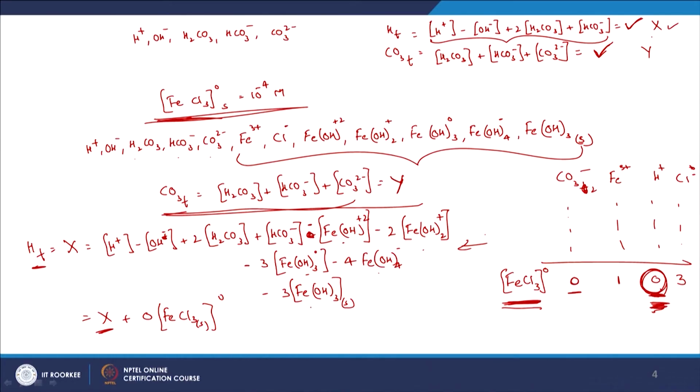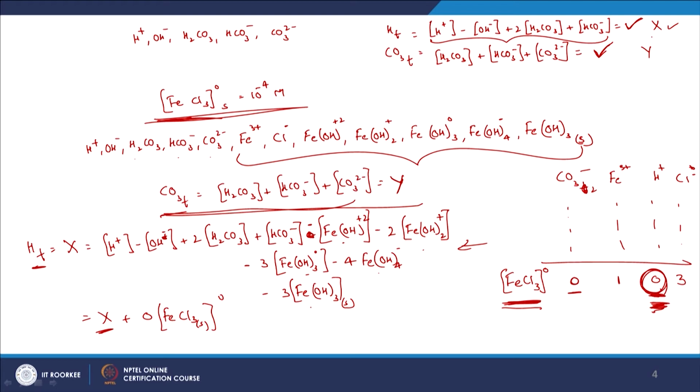Earlier H plus was only present as H plus, OH minus, H2CO3 and HCO3 minus, but now H plus is also present in the form of all the FeOH complexes and the solid, and that is what we have just identified here, right.